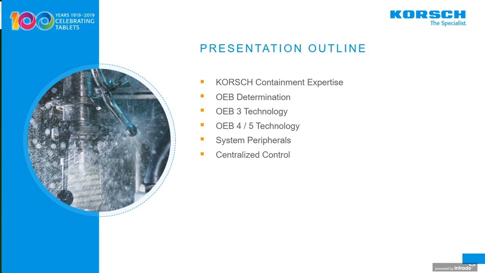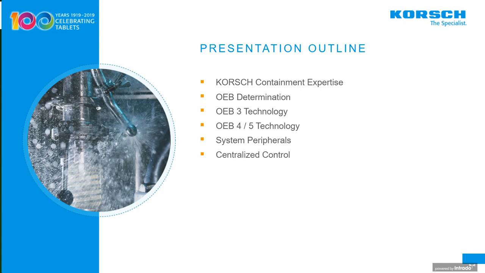So the presentation today is going to talk a little bit about Korsch expertise, the background and some of the experience. We're going to talk about maybe the most critically important aspect, determining the containment level that's required.